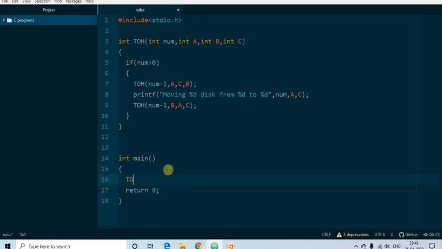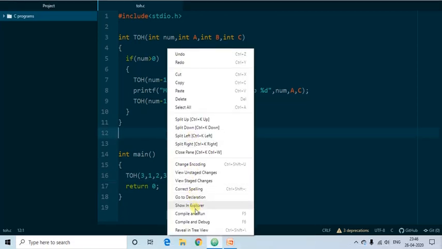Now let us execute our Tower of Hanoi for 3 disks, and A should be 1 2 3. Save that. Let me run that.